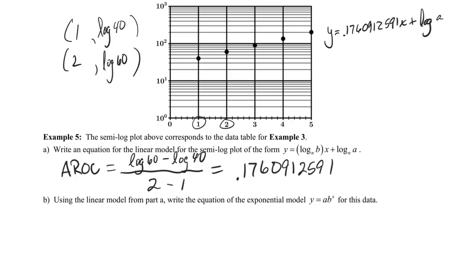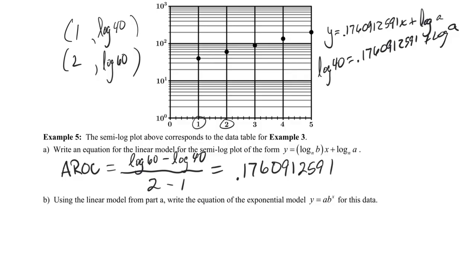So y was log of 40. And when I put a 1 in for x, I get 0.17609125991 plus log of a. So now we have to move that big long decimal over, and it should be saved in your calculator because you just did it.